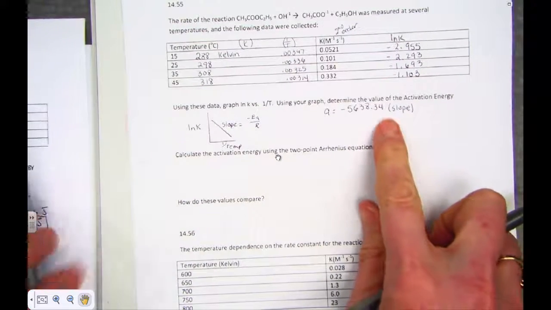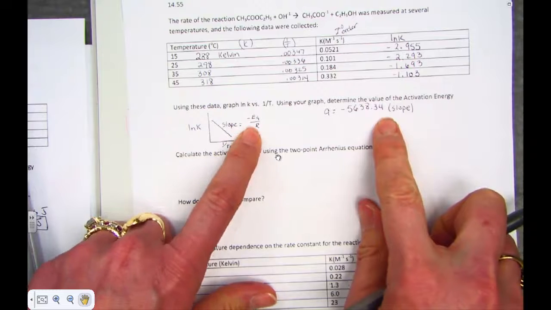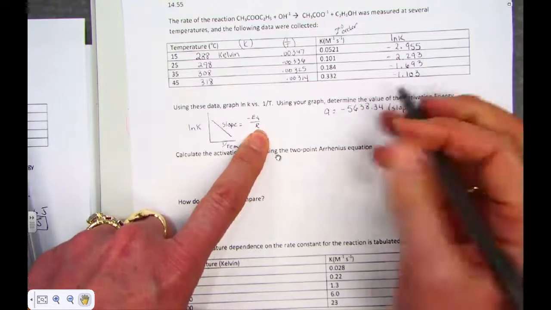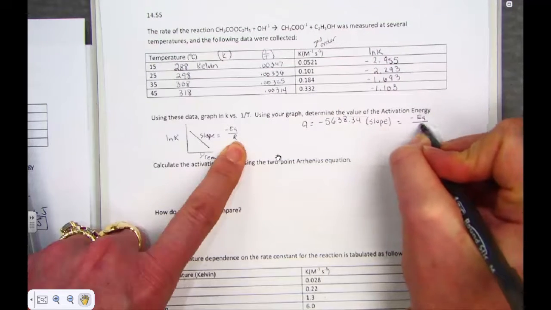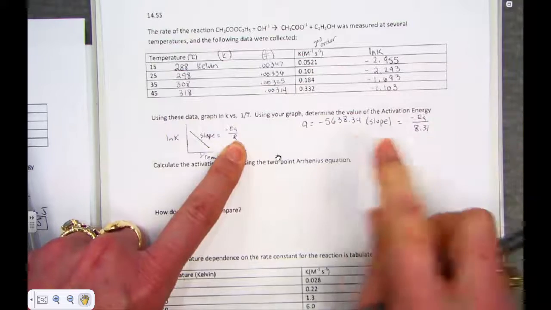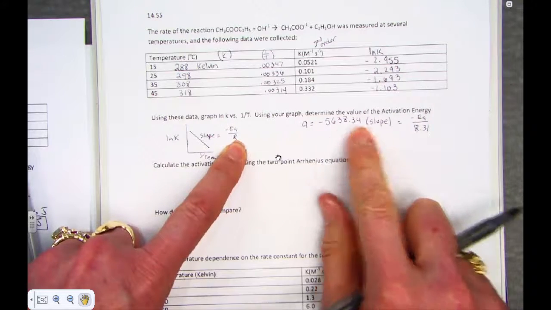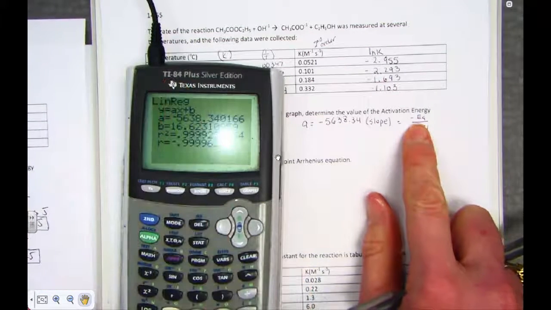That's the piece of information we need to calculate the activation energy. This slope is equal to negative EA, which comes out in joules, over the R constant. So the slope is negative EA over 8.31. I just merely have to take the slope from the diagnostics, multiply it by 8.31, take the opposite of it because activation energy is always positive.